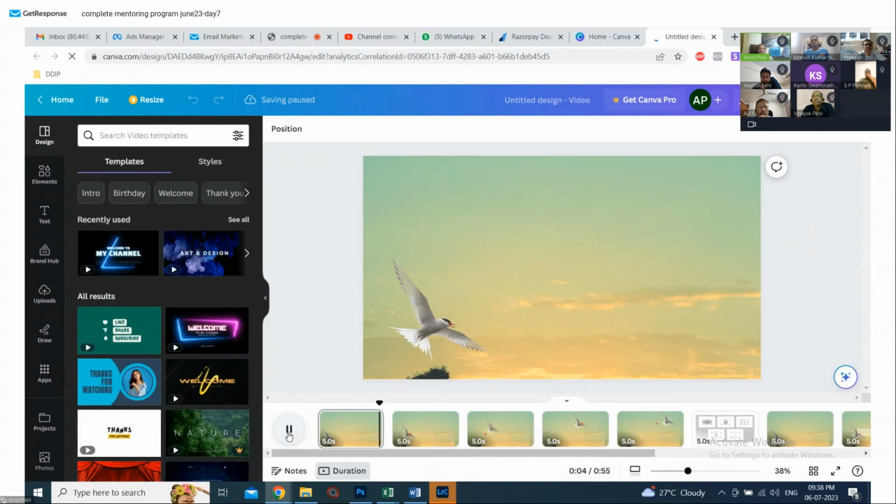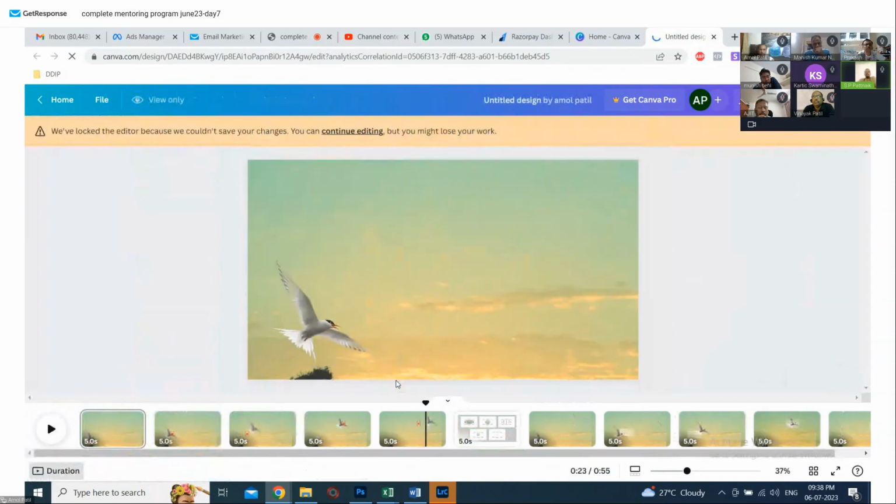See what will happen. You will try to lock focus with a single point, right?